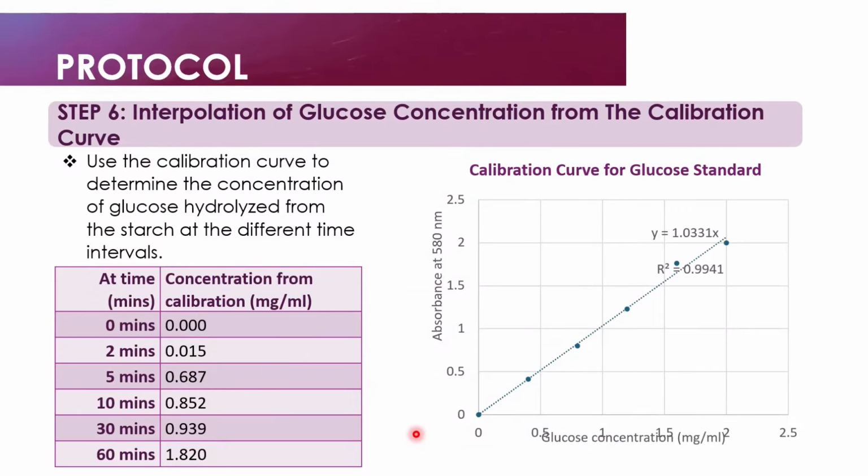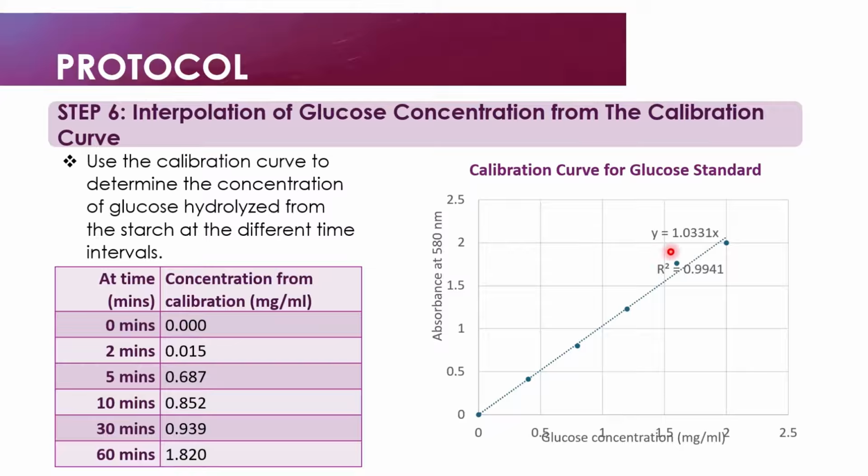So the next thing to do is to interpolate or extrapolate the glucose concentration from the calibration curve. What we first have to do is to use the calibration curve given over here to determine the concentration of the glucose hydrolyzed from the starch by the enzyme amylase.